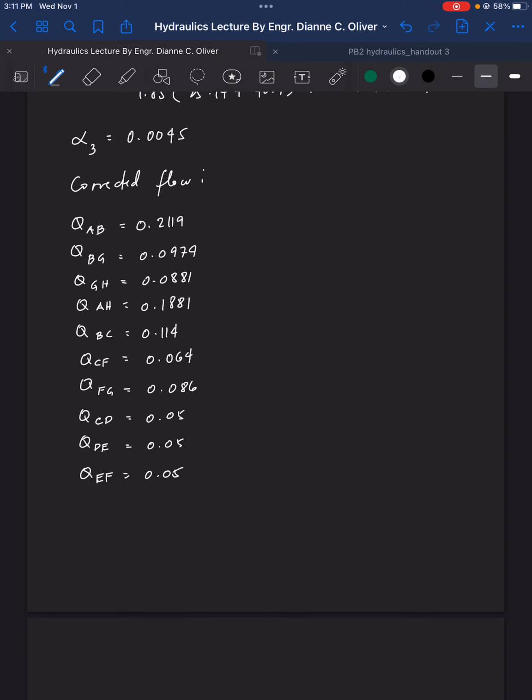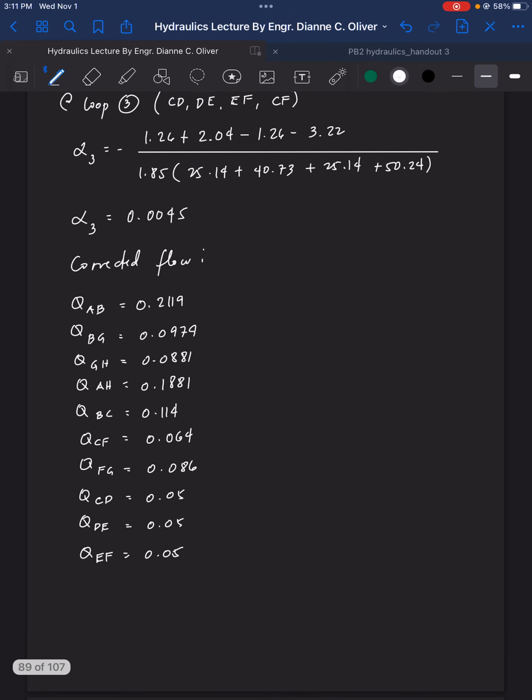So as we have seen a while ago, QAB is positive, BG positive, negative for GH and AH. BC is positive, CF is positive, FG is negative, CD is positive, DE is positive, and EF is negative.